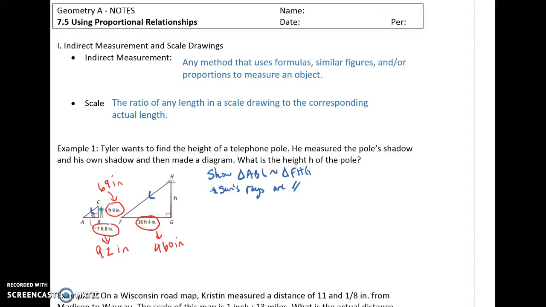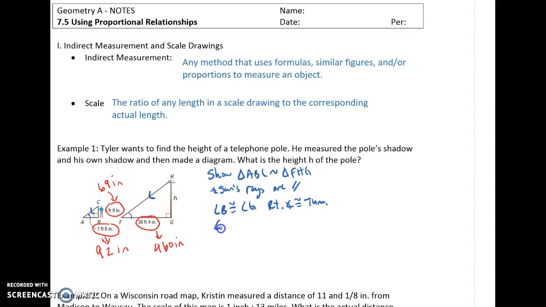This should make our life pretty simple to show that the triangles are similar. First I know that angle B is congruent to angle G because of the right angle congruence theorem. Secondly, since these rays are parallel, I've got these lovely corresponding angles that should also be congruent.